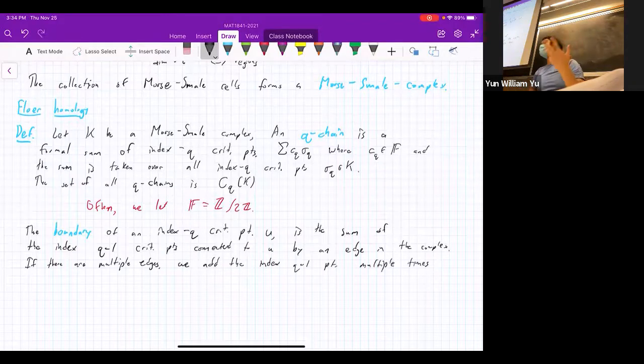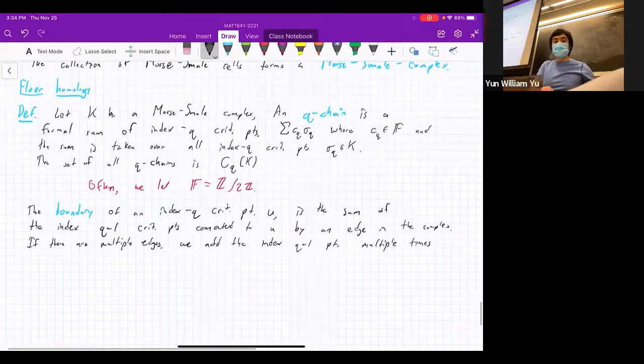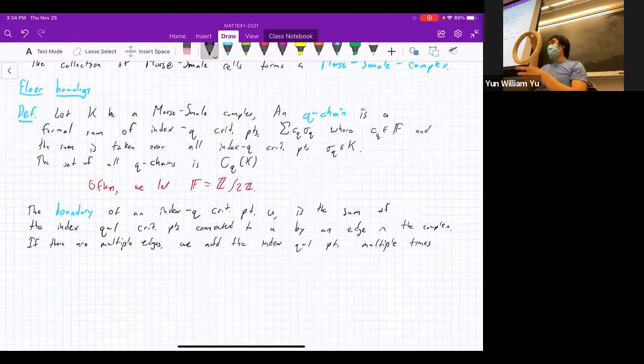which we didn't have to worry about with simplicial complexes, but we do have to worry about for these cellular complexes. But still, this gives us a boundary operator, and you can basically take a formal sum of all the critical points on your Morse-Smale complex. Oh, sorry, I have to tilt this slightly for it to be a Morse-Smale complex. You take a formal sum of them, and each of these are connected to all the other critical points by some number of edges in the Morse-Smale complex, and that gives you the boundary operator.